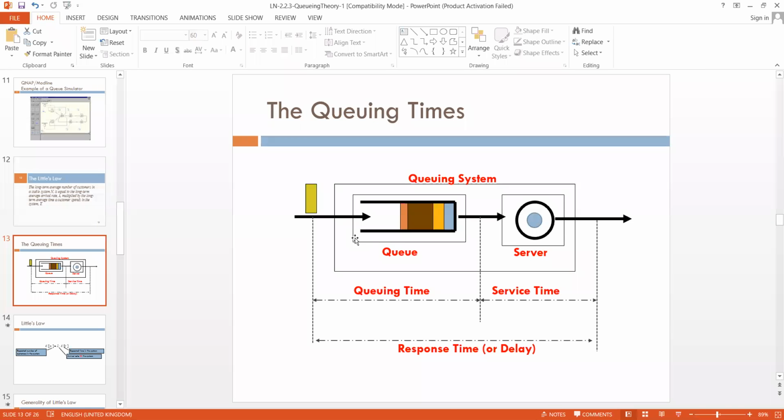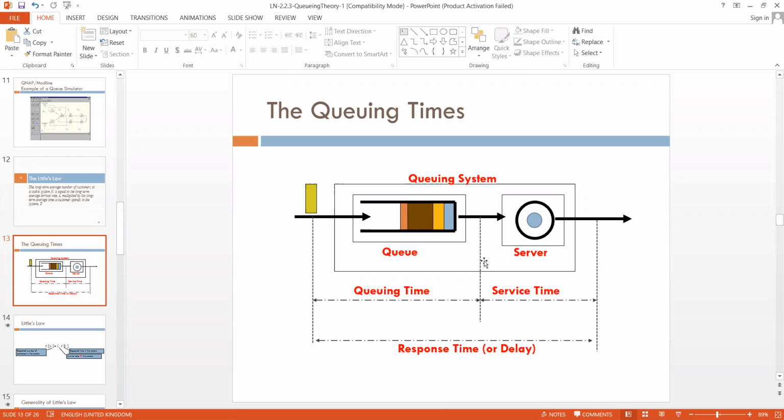Once you join the queue, the queuing time is always calculated from the time you entered to the time you are served.